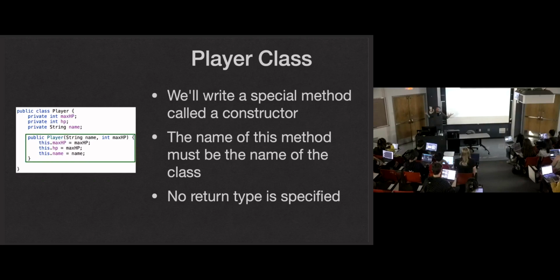And I want those players to be able to be in different states. One player might be at full health, one might be at 1 HP left. With instance variables, they're each going to have their own copies of these three variables, and they can each be in different states. Without instance variables, we can't get those two objects in different states. They'd have to all share one variable, and that's just not going to work.